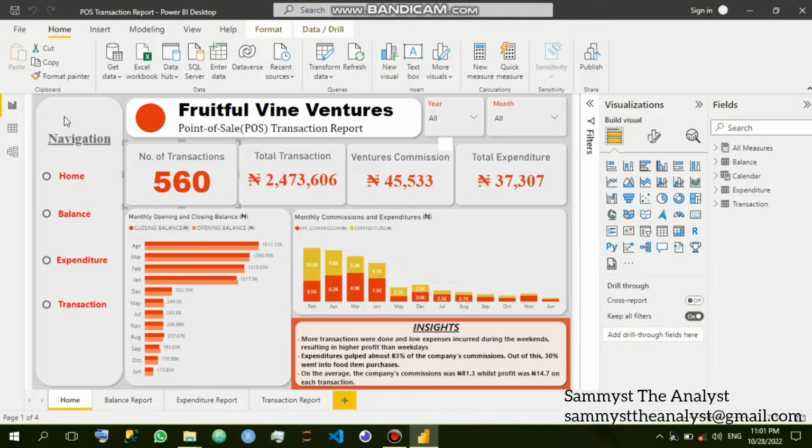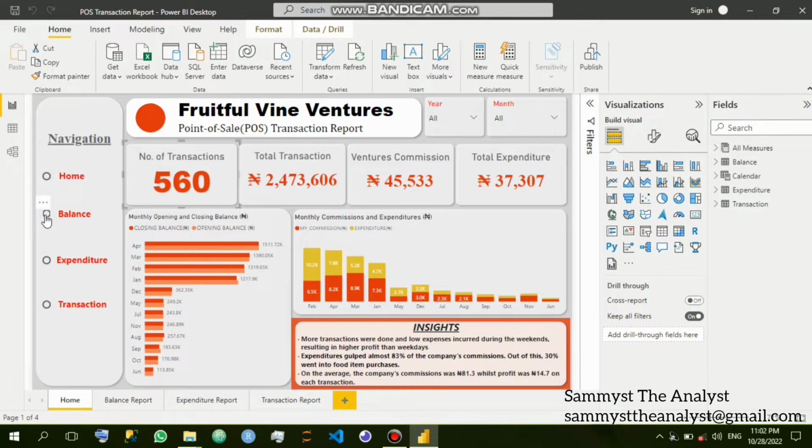Now when you come to this particular tab, this is the navigation visual. As you can see, when I just hold it here, the pop-up says control plus click here to follow link, and when you come down to the balance, you can still see it turns into a finger.